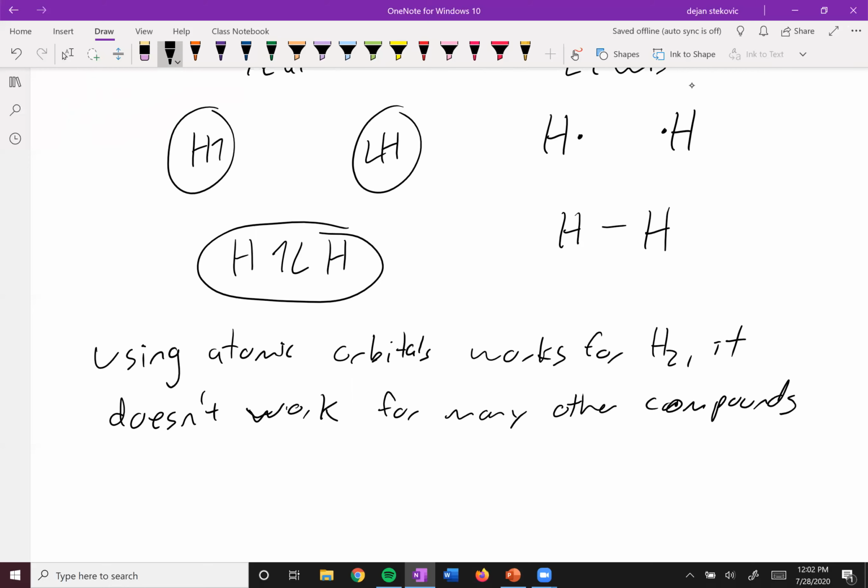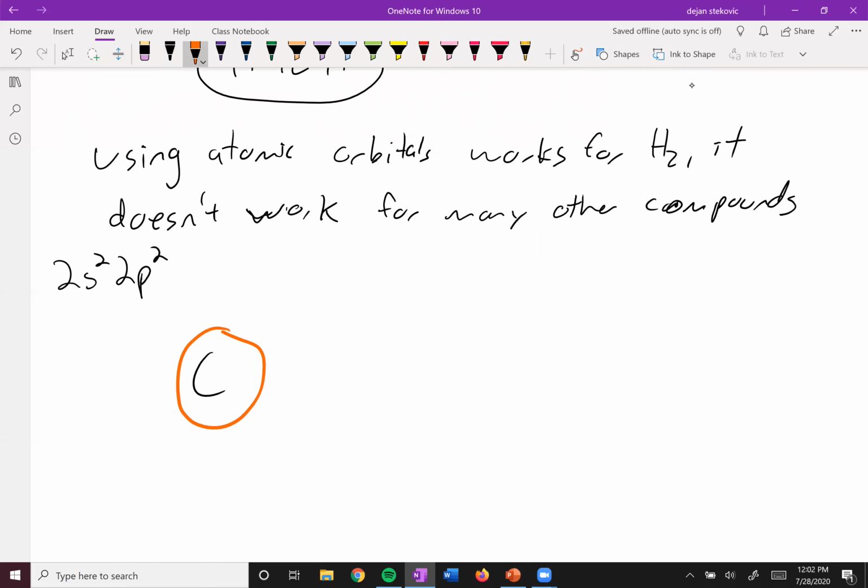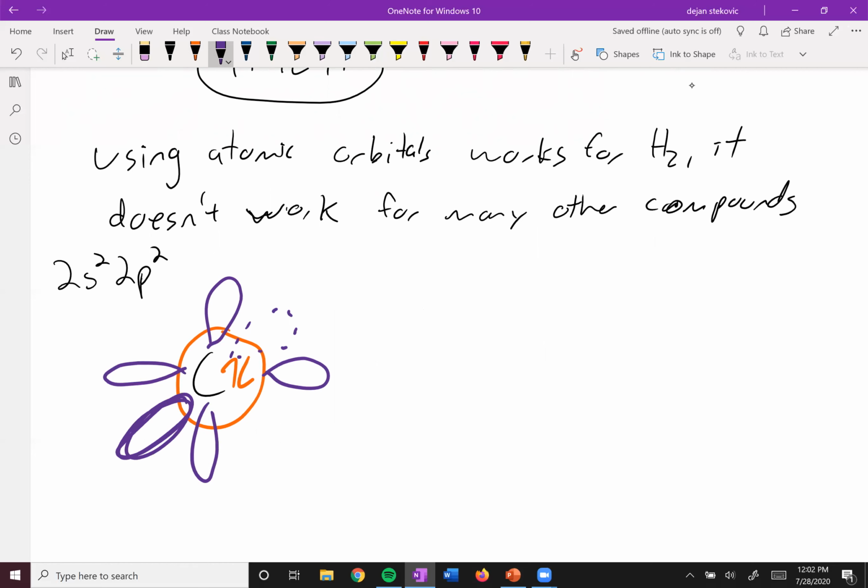For example, if we think about carbon, carbon has 4 valence electrons. It has 2s2, 2p2, right? So its 2s orbital is filled. And then it has, of course, 3 p orbitals: one going up and down, one going left and right, and one going in the back of the board with the other lobe going in front. And we put 1 electron in each of these orbitals.